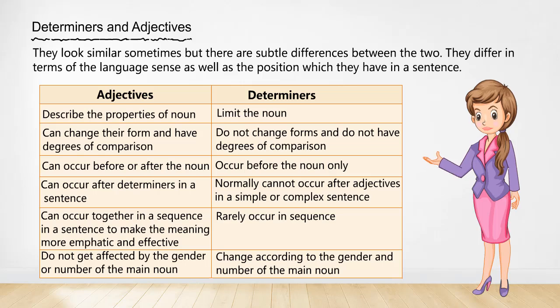Determiners normally cannot occur after adjectives in a simple or complex sentence. Adjectives can occur together in a sequence in a sentence to make the meaning more emphatic and effective. Determiners rarely occur in sequence. Determiners do not get affected by the gender or number of the main noun. Adjectives change according to the gender and number of the main noun.